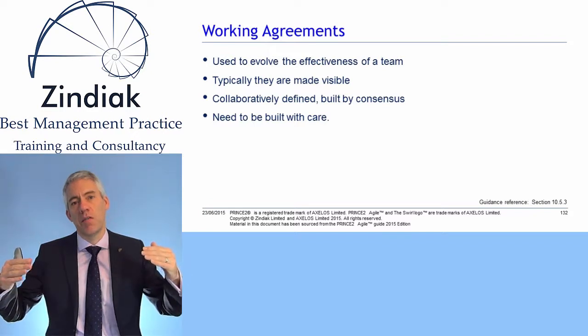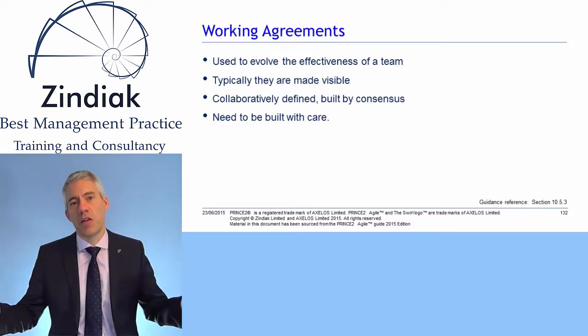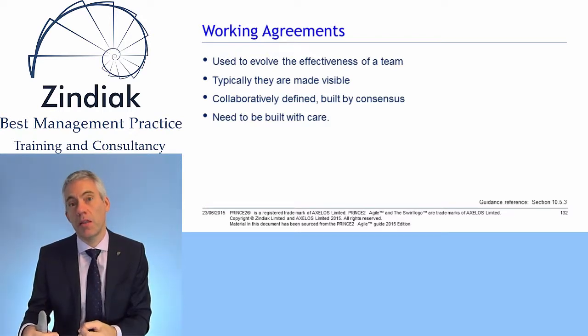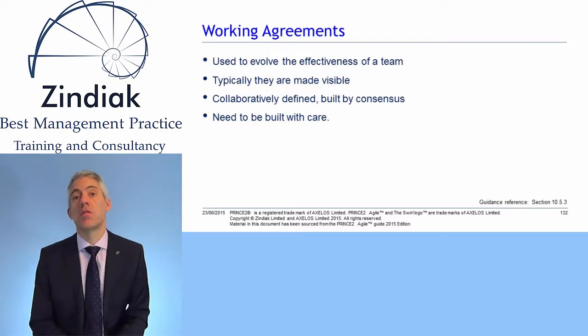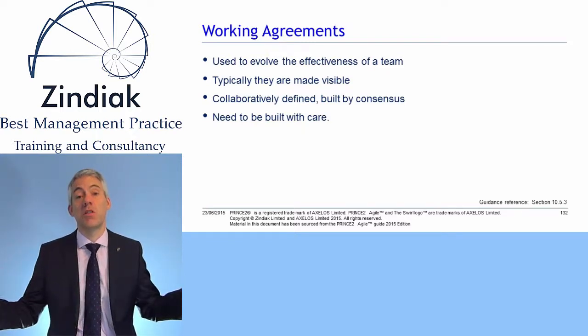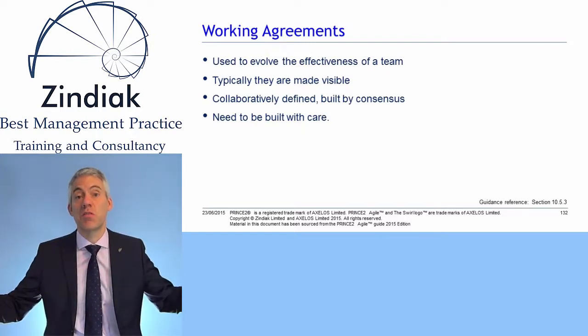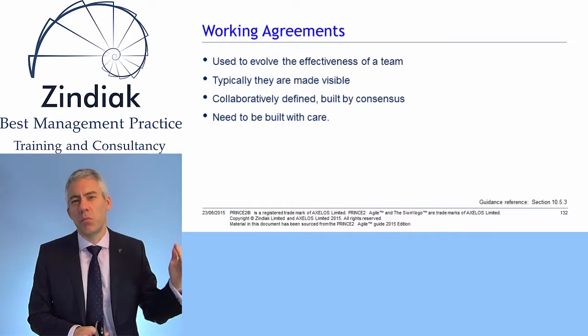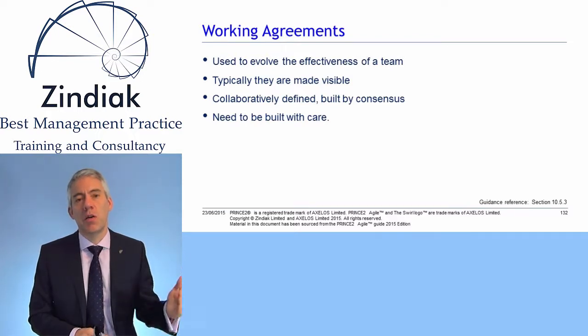So if we have things in general HR policies within our organisation, we don't really need to replicate them within our project working agreements. And as I said, I would hope that certain things like treating people with respect are just societal norms, and we all do that automatically. So we shouldn't really need to put those in our working agreements.